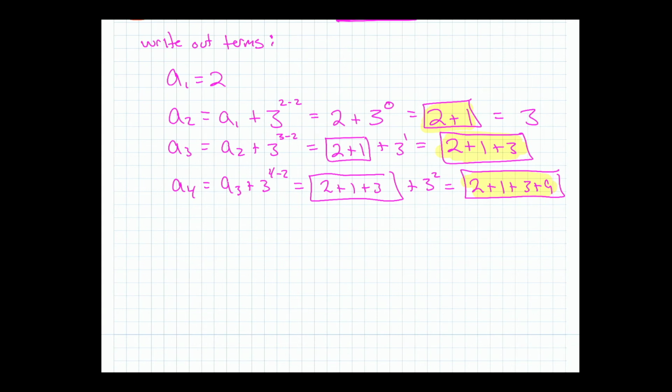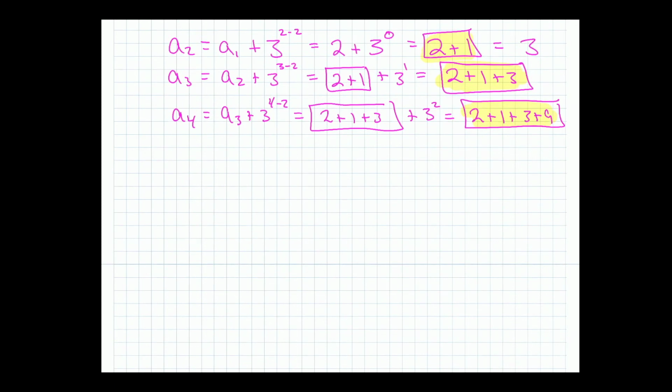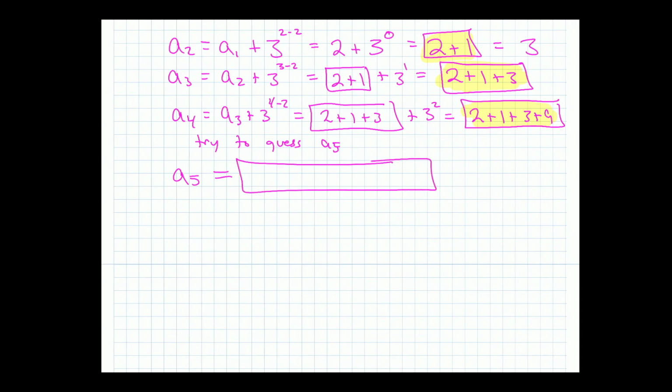And at some point you have to start figuring out what the pattern is. So let's try to guess A5. Just look at the highlighted things: 2 plus 1, 2 plus 1 plus 3, and 2 plus 1 plus 3 plus 9.